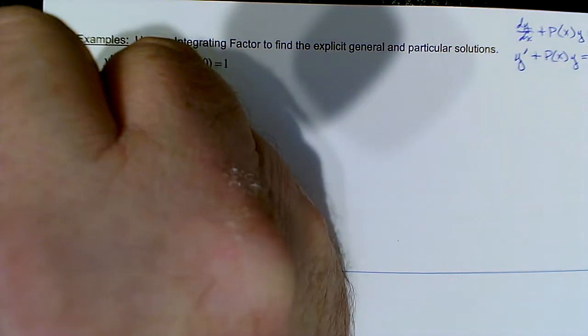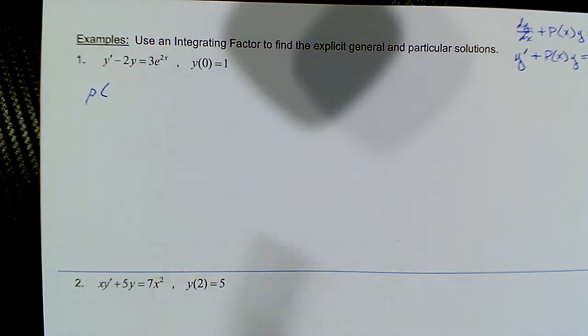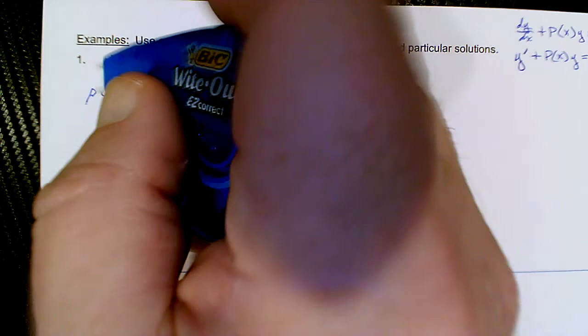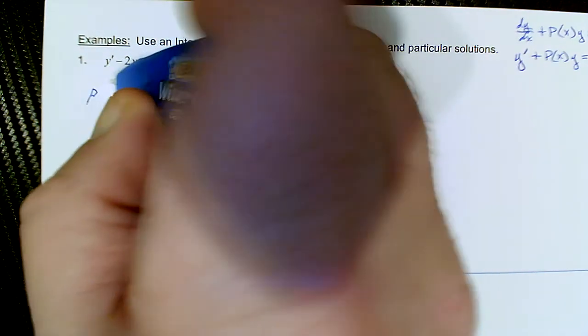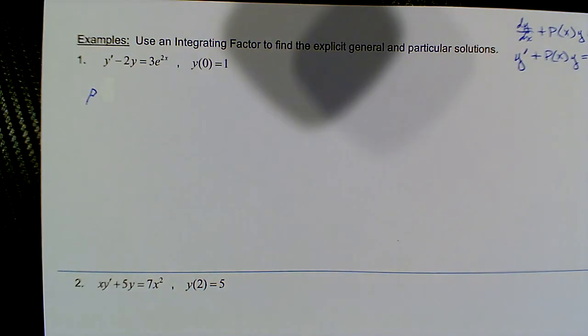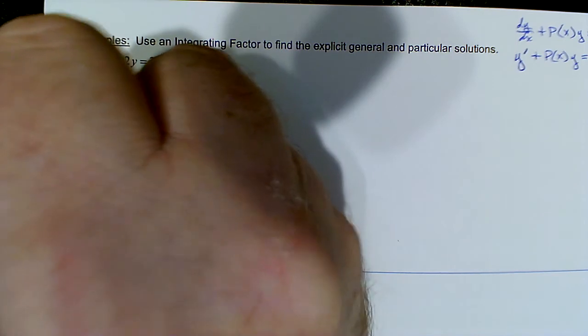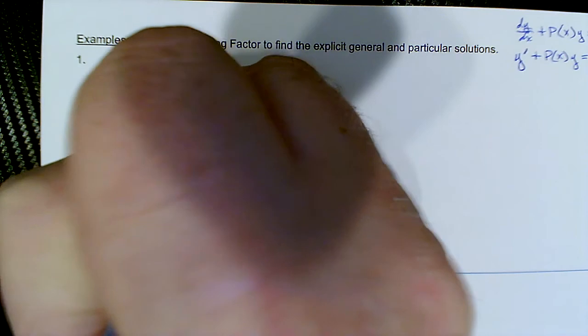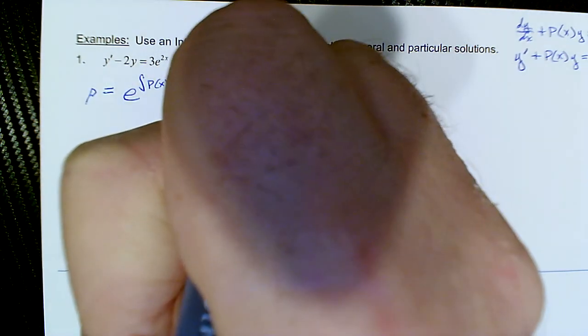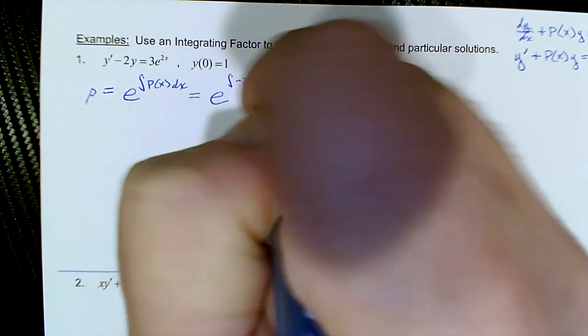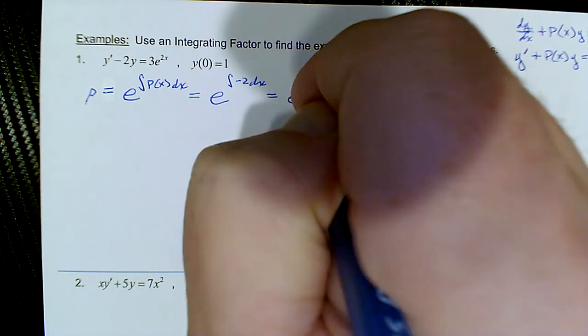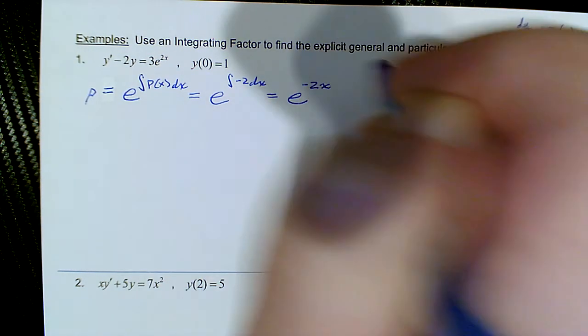So the integrating factor, rho, so I'm just going to call it rho. You can call it rho of x if you like, but I'm just going to choose to call it rho. Is equal to e to the integral of p of x with respect to x, but again p of x is the -2, so e to the integral of -2 with respect to x, or just e to the -2x.